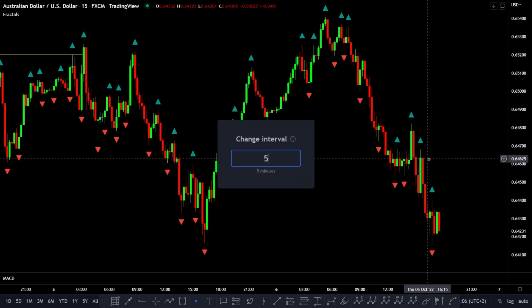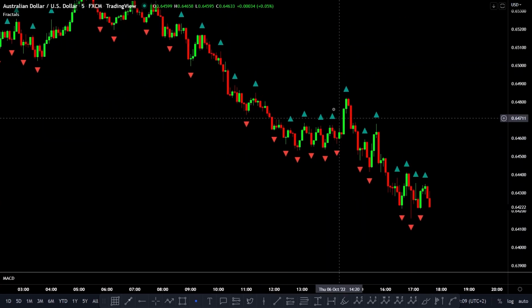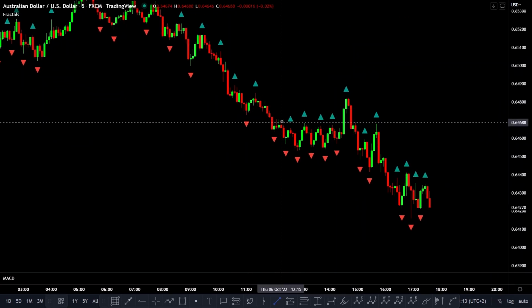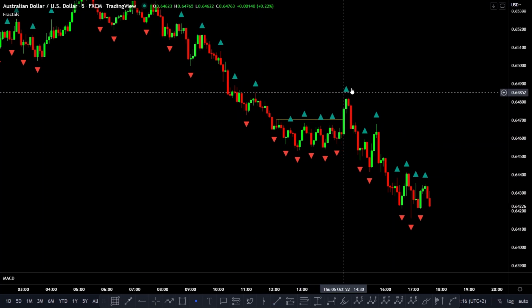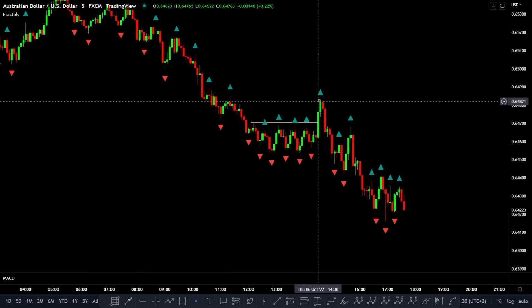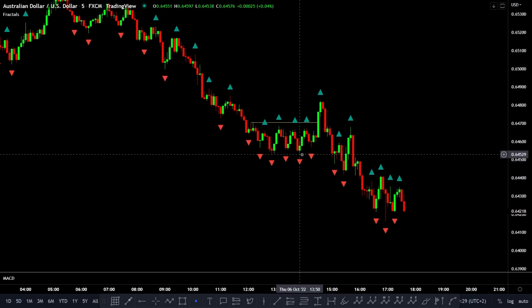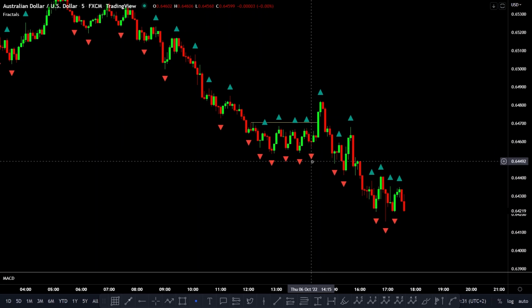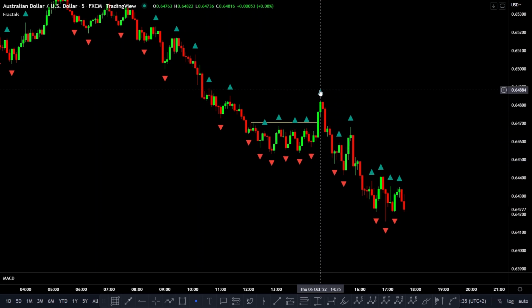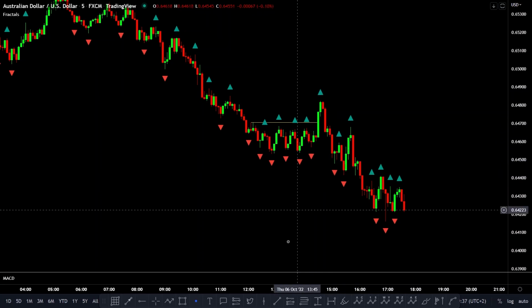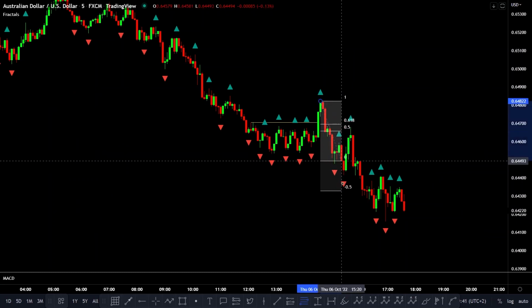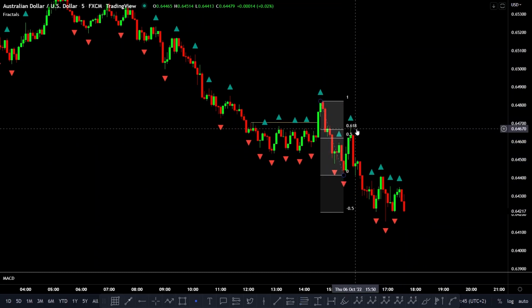Then if we go to the M5, we can see we have multiple highs right here, and then the market came back, traded above these multiple highs, and then we have this candle right here as the highest fractal, and then we broke this lower fractal right here, this last bearish fractal before this one right here, closed below it, and then we use our Fibonacci tool, and then we get our entry around the 60.